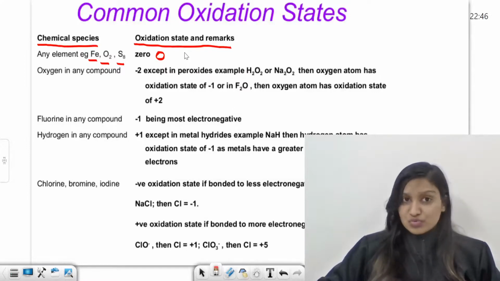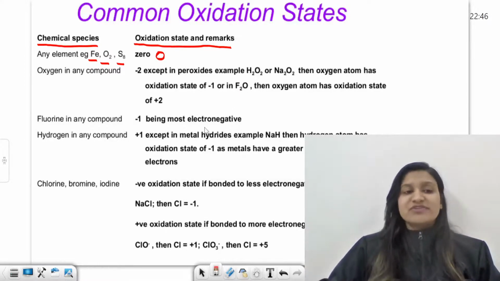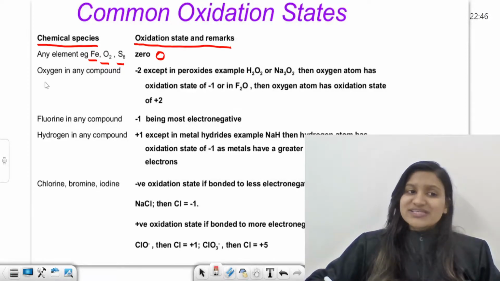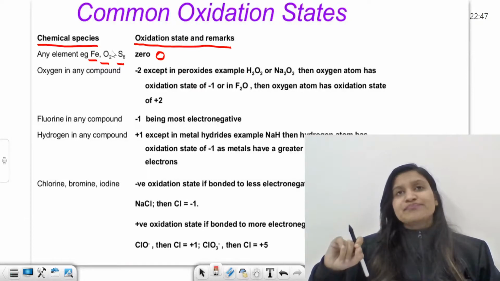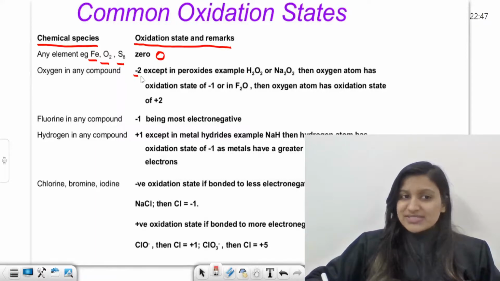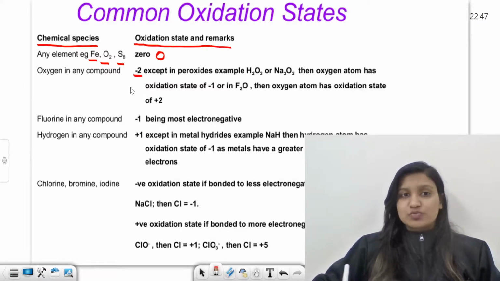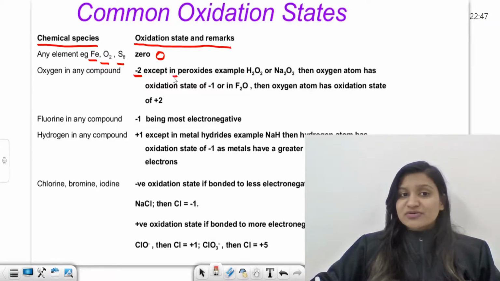These are some certain rules which have been given to us. Oxygen in any compound is generally -2, as you can see here, except in peroxides.